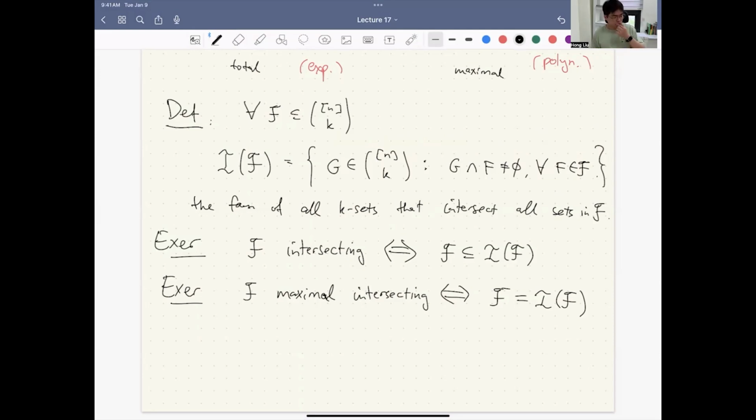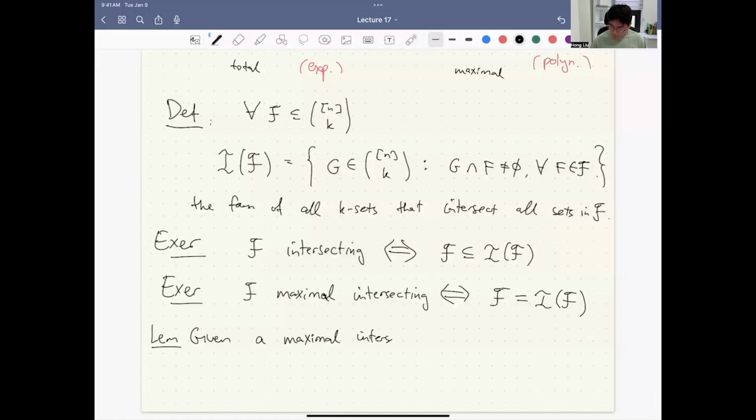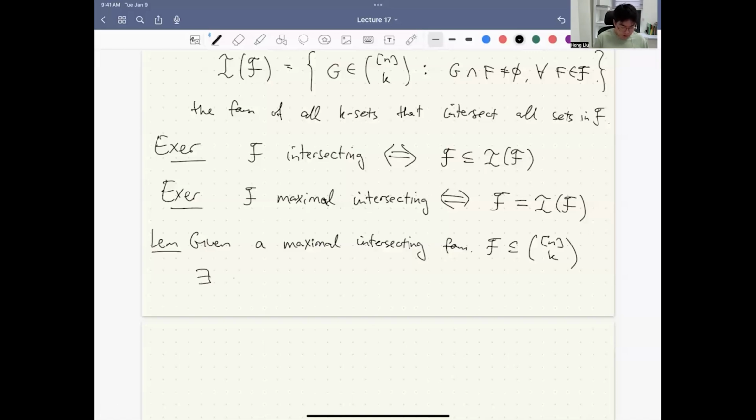Now, maybe I'll call this a lemma. Given a maximal intersecting family F in n choose k, there exists a generating set G, which is a subfamily of our family F. Why is it called a generating set?